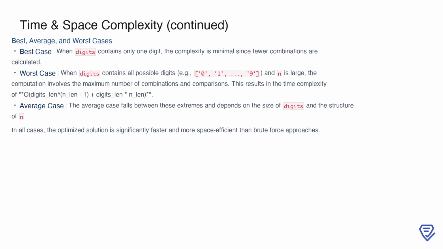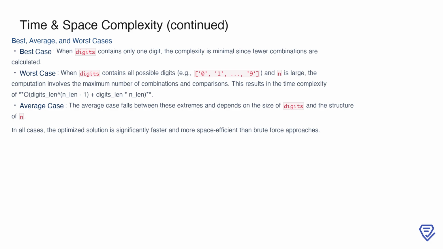Finally, let's consider the best, average, and worst-case scenarios for the algorithm. The best case occurs when the digit set contains only one digit, minimizing the number of combinations that need to be calculated. The worst case happens when the digit set includes all possible digits, such as 0, 1, ..., 9, and the target number n is large, leading to the maximum number of combinations and comparisons.